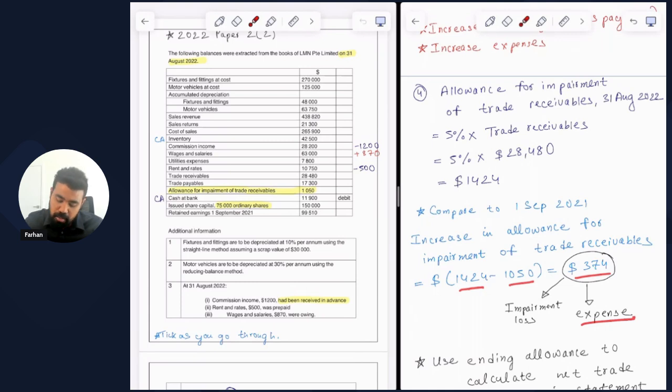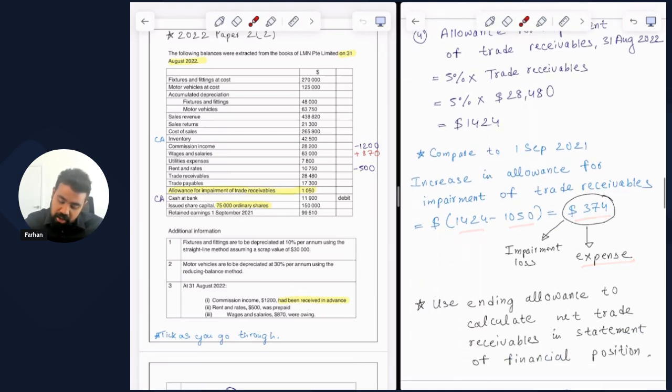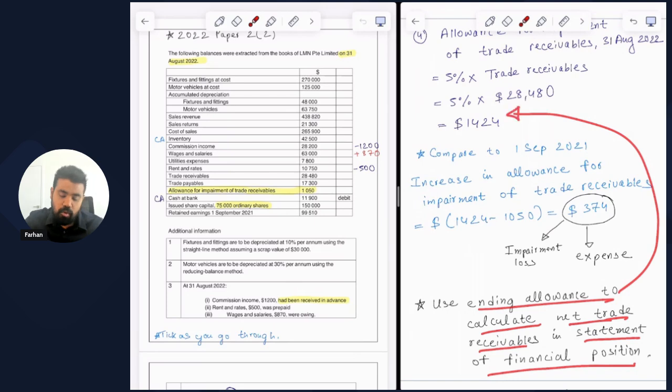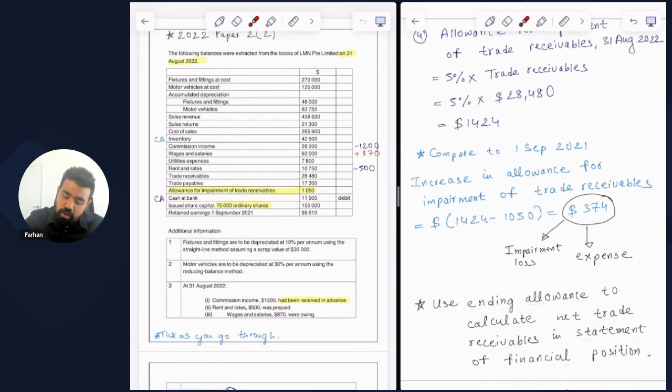And at the same time, we understand that if you want to calculate the net trade receivables, which you are going to show in your statement of financial position, you use the ending allowance that we had calculated ourselves, and that is $1,424. Okay, so this $1,424 is part of the statement of financial position or the balance sheet, and this $374 is the impairment loss reported as part of other expenses when you prepare the statement of financial performance.